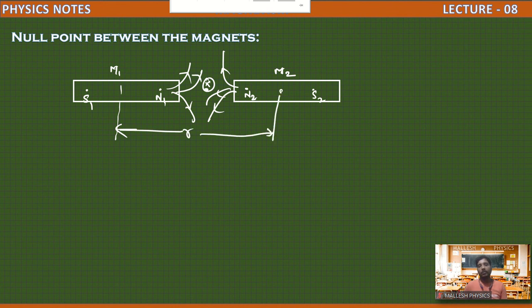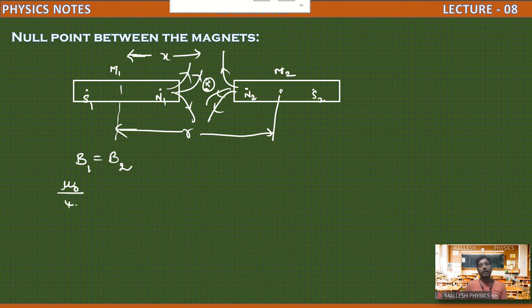Here the net field, that is, the magnetic field due to the first magnet should be equal to the magnetic field due to the second bar magnet. Now what is the formula of the magnetic field due to the first bar magnet? Let us take the distance of this point as x from the center of the first magnet.